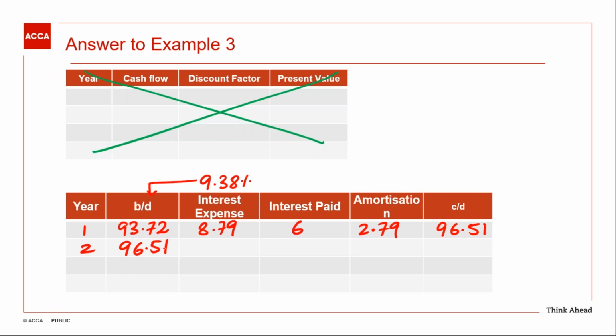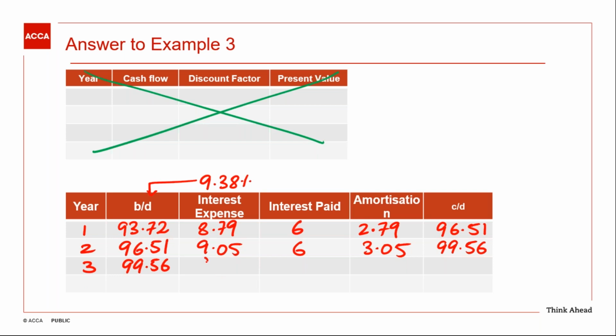Okay, so now let me know the interest expense for year 2. 96.51 into 9.38%. It's 9.05. Thank you. 6 is the paid, 3.05 is the amortization, and 99.56 will be the carried down. So in year 3, 99.56 into 9.38%. Quickly, 9.34.